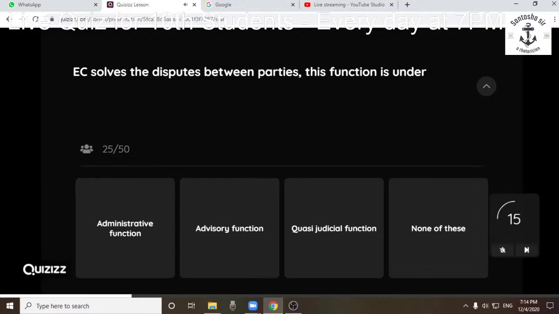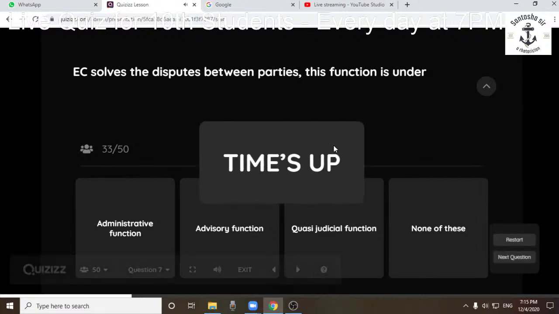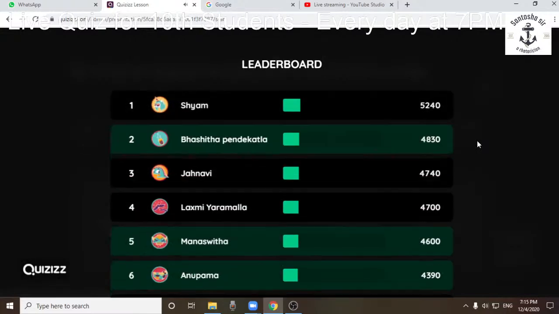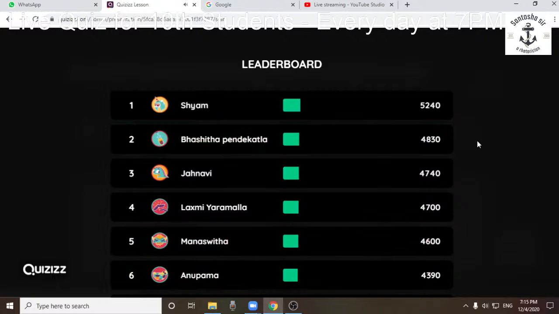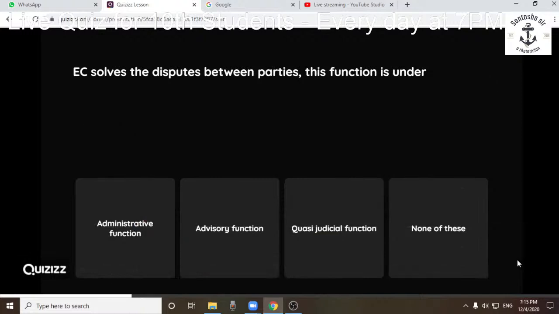You have 15 seconds more. 5 seconds more. Okay, time's up. Sham followed by Bashita, Jahnavi, Lakshmi. 14 members went with the wrong option. Moving on to the next question.